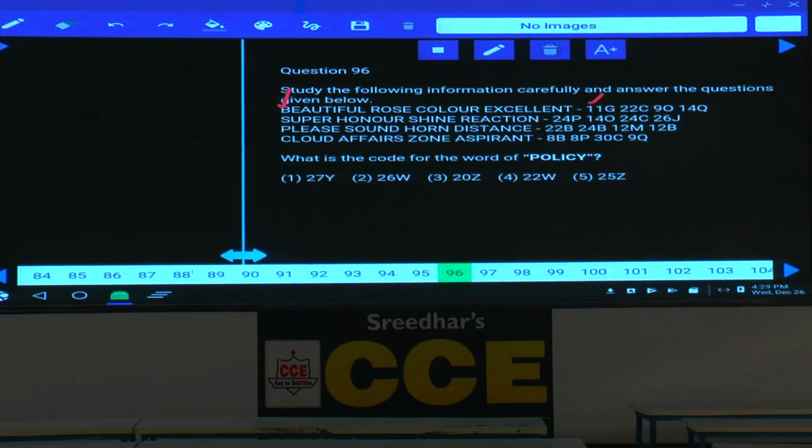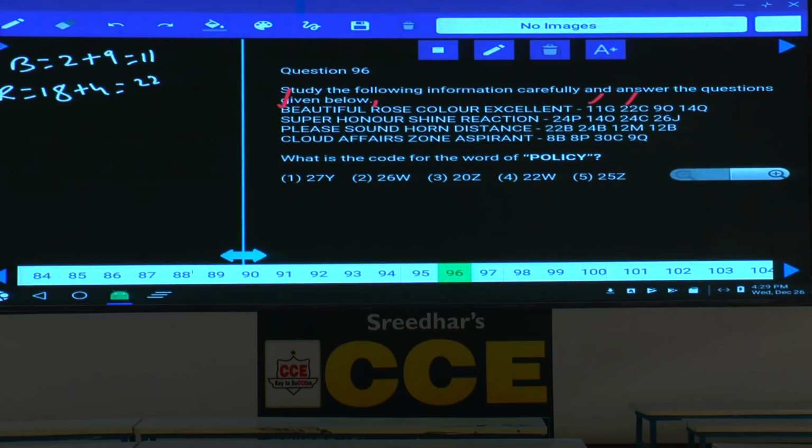Now the first letter is B, the value of B is 2. How many letters are there? There are 9 letters, hence 2 plus 9 is 11. Similarly here, rose, the value of R is 18. How many letters are there? 4 letters, hence 18 plus 4 is 22, and this is the code for rose. For color, what is the first letter? C. How many letters are there? 6 letters, 3 plus 6 is 9, and this is the code for the word color.